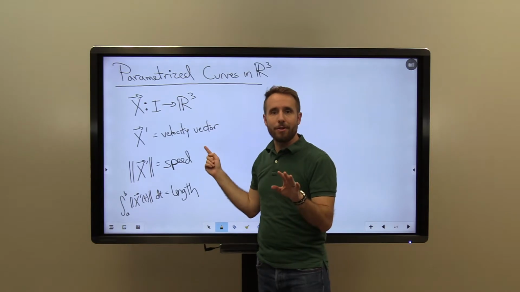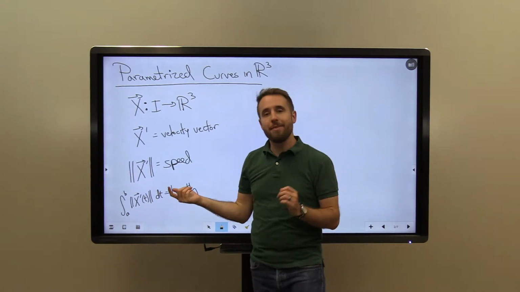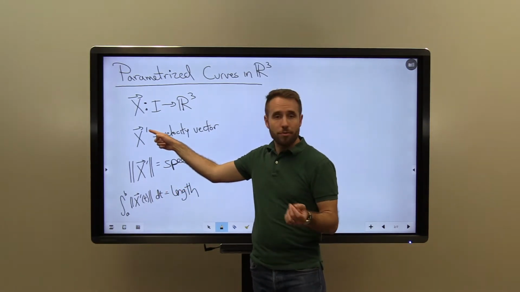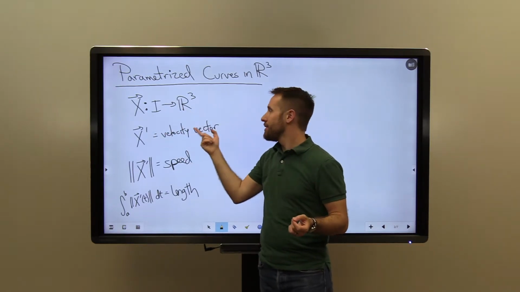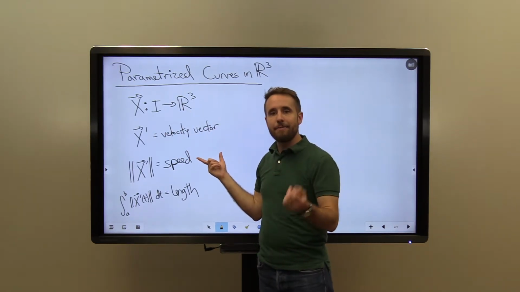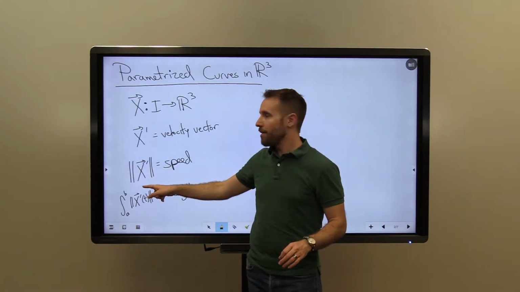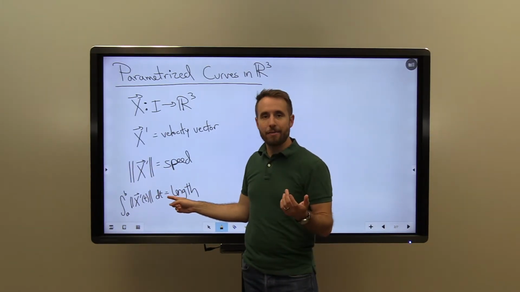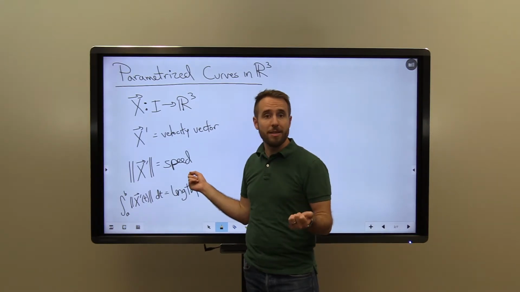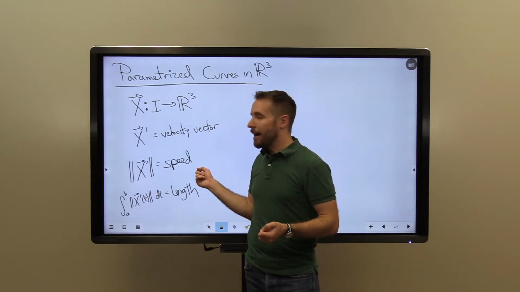And we'll see an example here in a moment. With that in mind, x prime, the derivative of each of these components, will still be the associated velocity vector, and the double bar of x prime, right, so the length of x prime will still represent the speed of the parameterization.